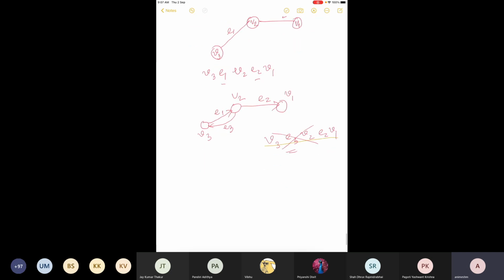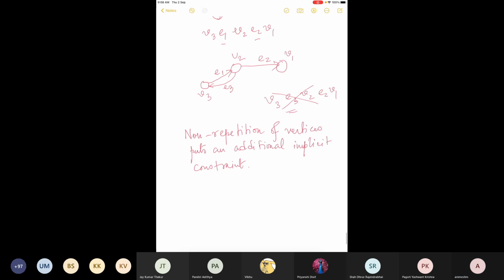One more thing that I did not tell you last day is that non-repetition of vertices puts an additional implicit constraint. Can you tell me what? After this, I'll come back to your question.